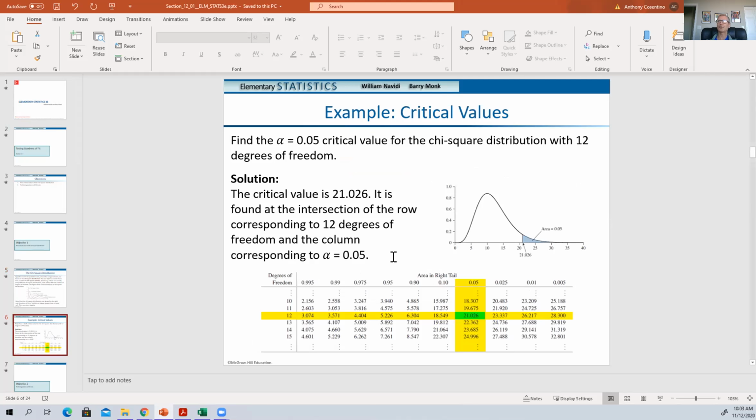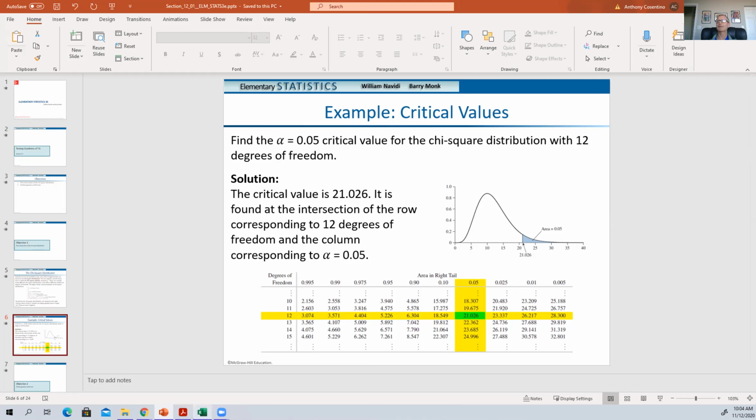Again, just to review how to read the chi-square table: you're going to get a significance level alpha, and the alpha determines the column that you read in the table. The degrees of freedom is the other part, and you match the two, and out comes a number.